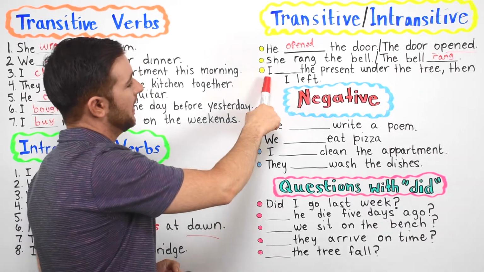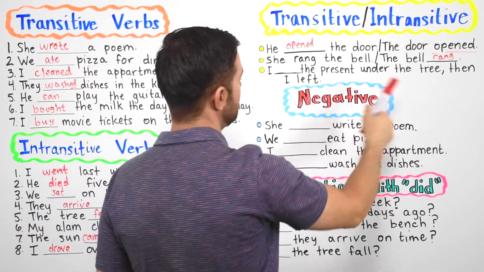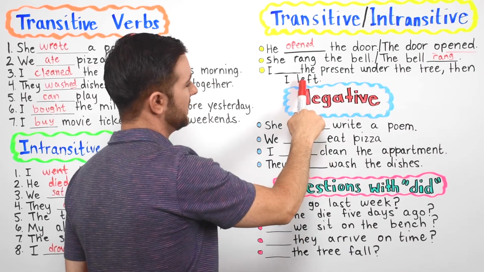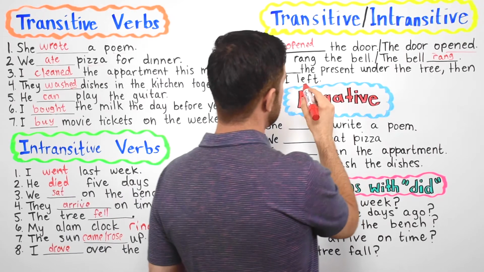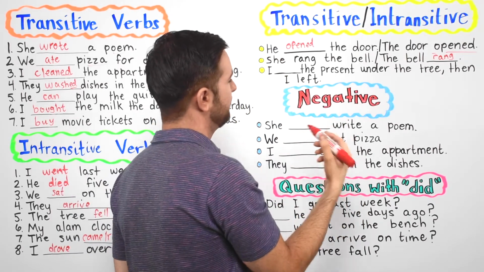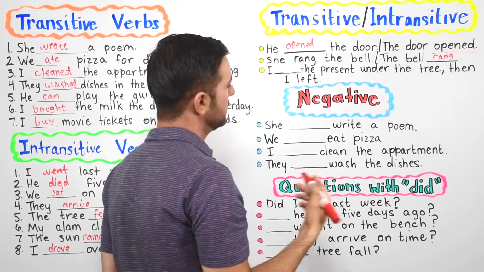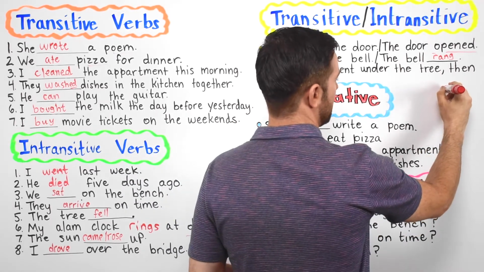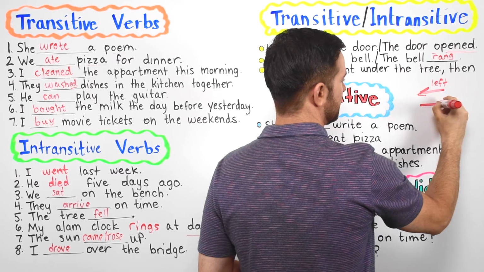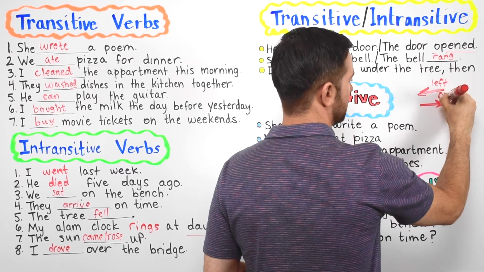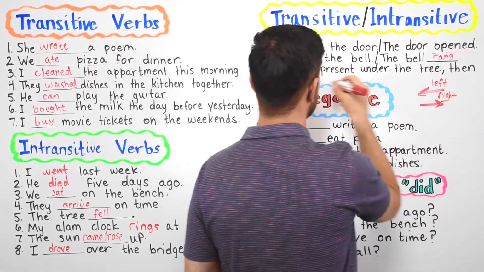And this one, I blanked the present under the tree, then I left. So here we have left. Okay, so remember, left means partir, all right? So, but also just know that this is left, and this is right, okay? Right. So you have the same kind of left right here.